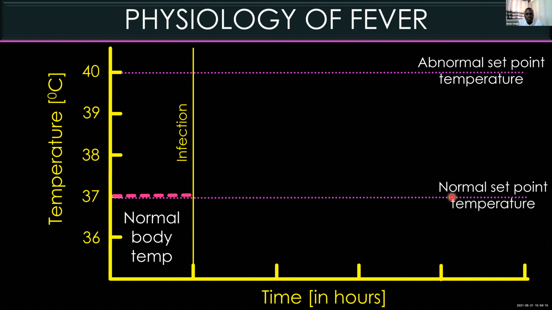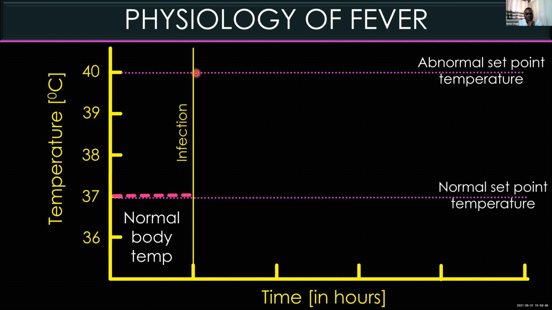So let's assume that you've gotten that plasmodium infection. And yes, there are molecular changes within your body by release of some cytokines. The end result is what? That now the set point temperature in the hypothalamus is no longer 37.0, but 40.0. So your actual body temperature is 37.0, but the set point temperature is 40.